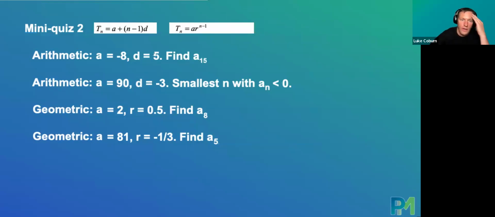Okay, so first one, I've been using a_n, but there's no difference, it's just the name that they give it. So for our first one, a_n is equal to -8 plus n minus 1 times 5. And that will tell us that a_15 is equal to -8 plus 15 minus 1, which is the same as 14, times 5.